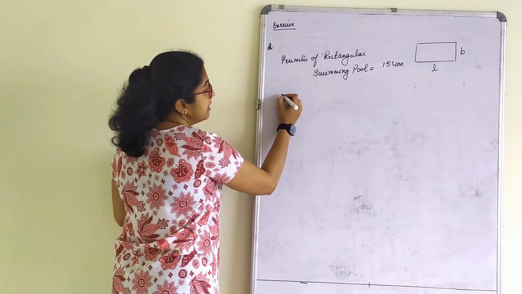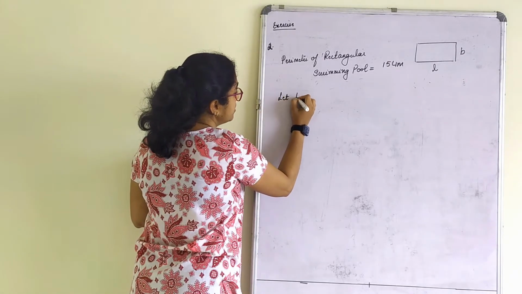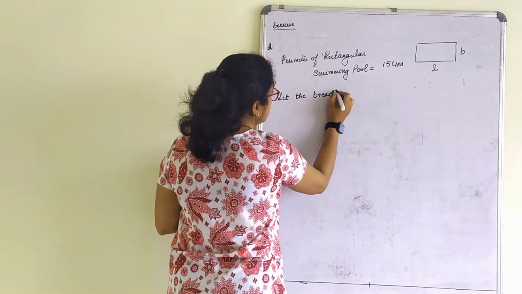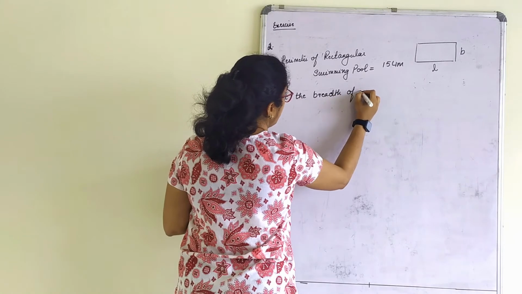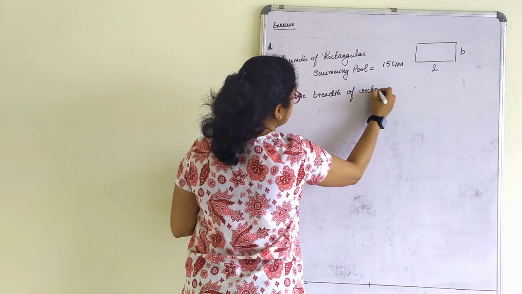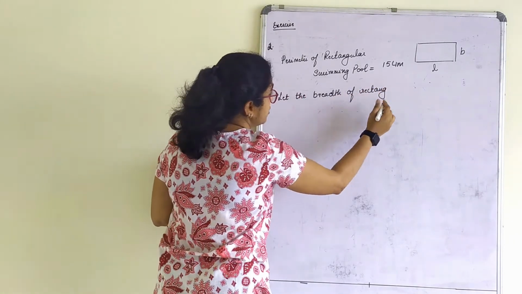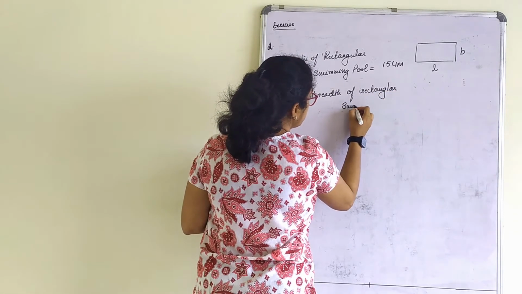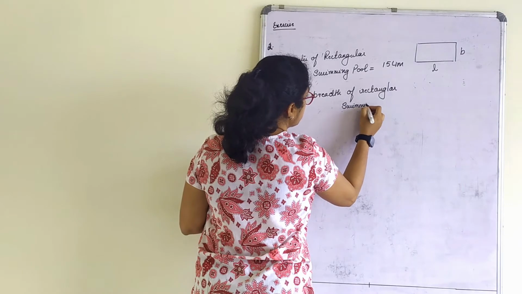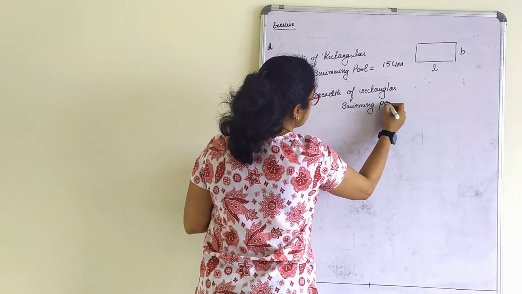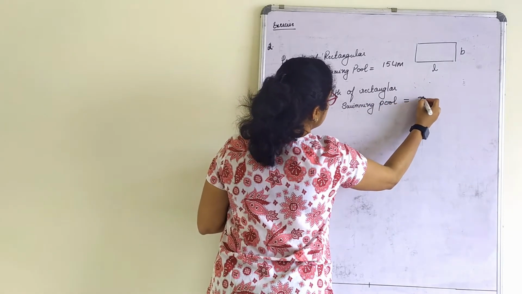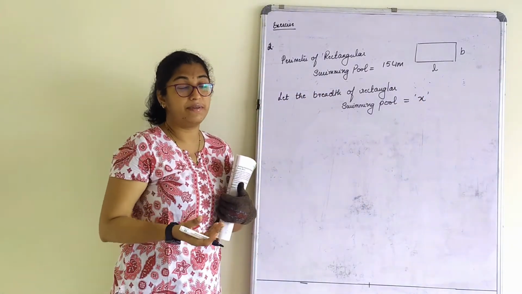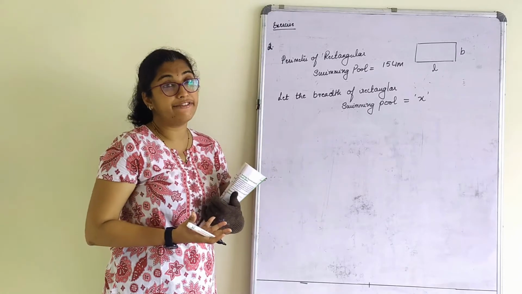That means let the breadth of a rectangular swimming pool be x, right? Because length is given in terms of breadth. Until you know the breadth, you can't find the length.